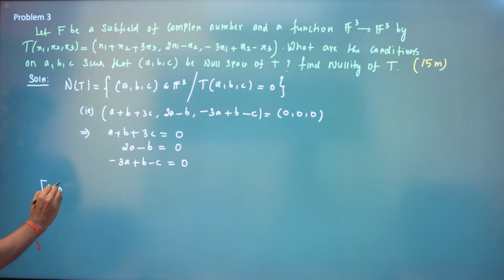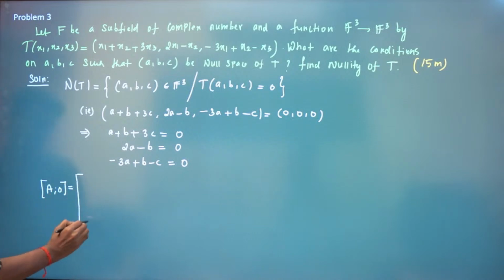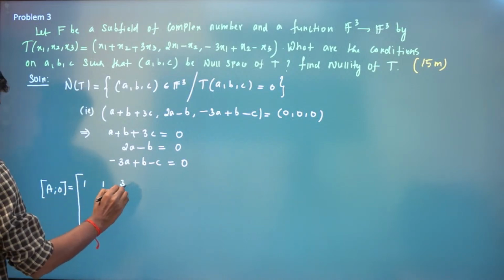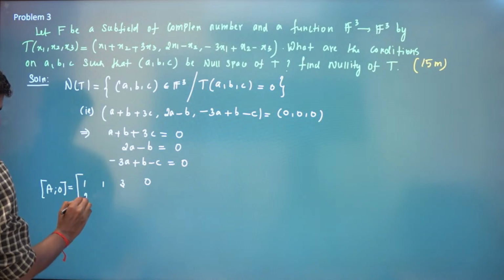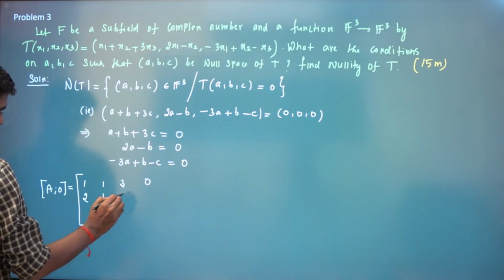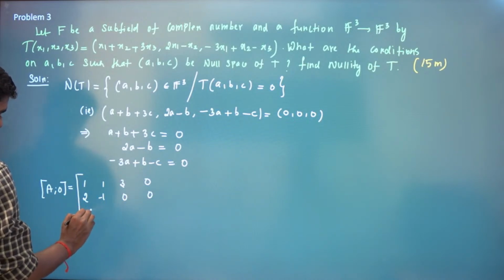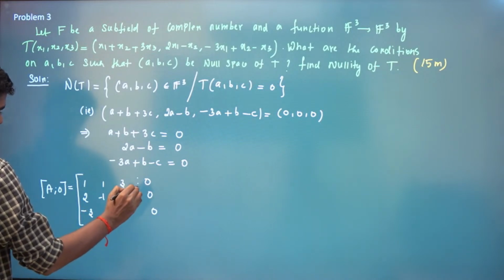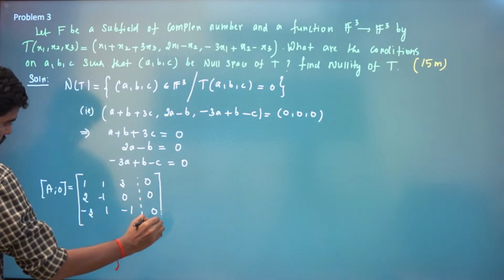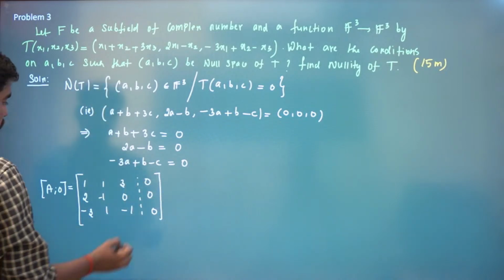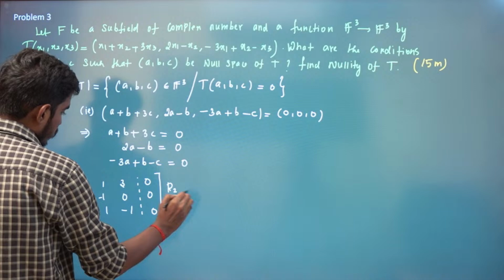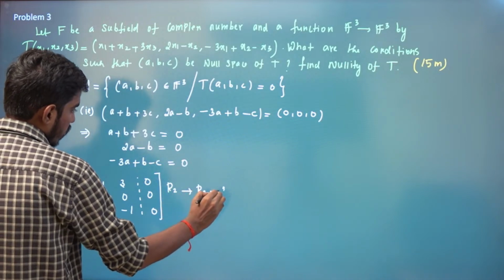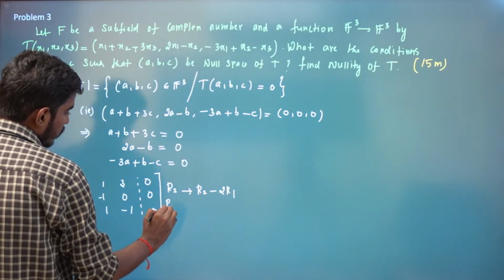So we will solve this homogeneous system of linear equations. We will find the augmented matrix: 1 1 3 0, 2 -1 0 0, -3 1 -1 0, right? So we reduce this to row echelon form. R2 is transformed to R2 minus 2 times R1.